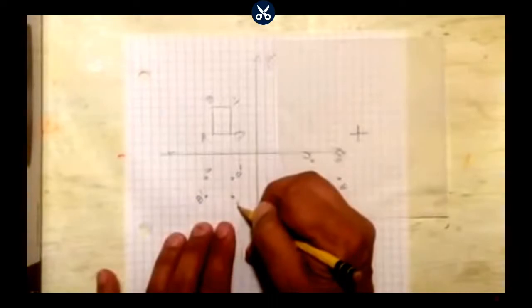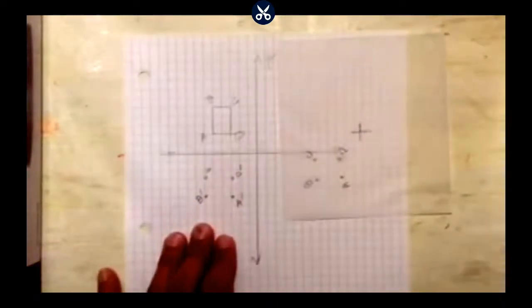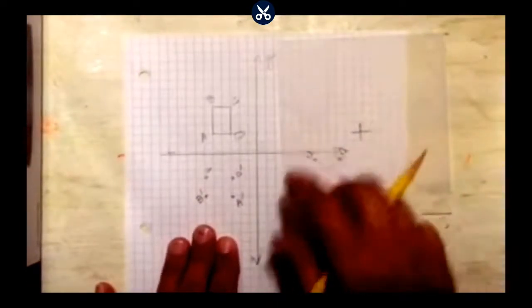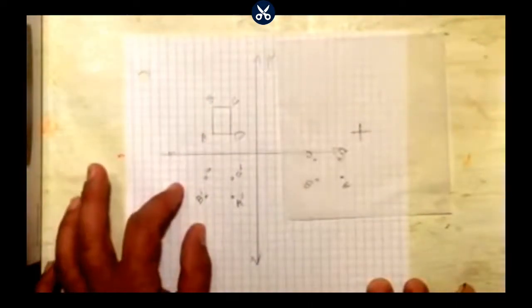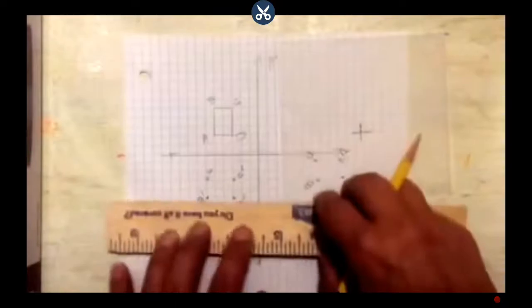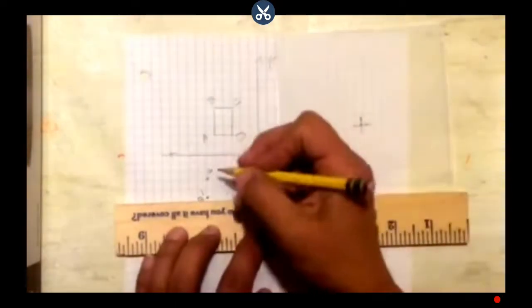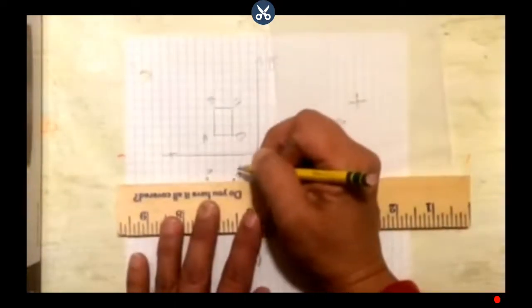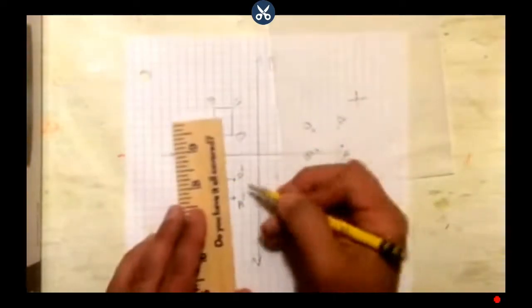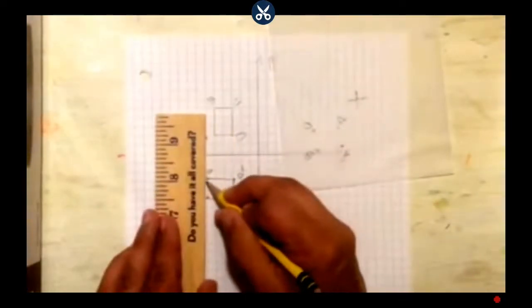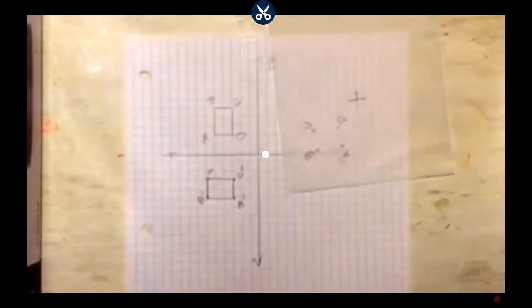And A prime is going to be right there. And it's not intuitive, really, how this is going to rotate 90 degrees. So the patty paper really helps. Of course, the last thing to do here is to use your straight edge and connect your points.